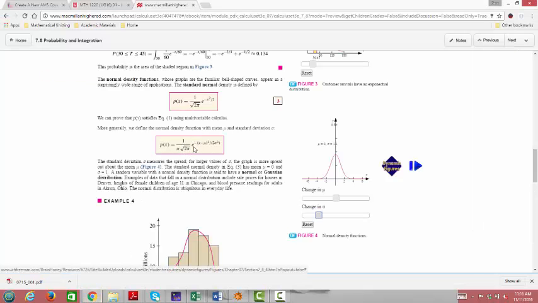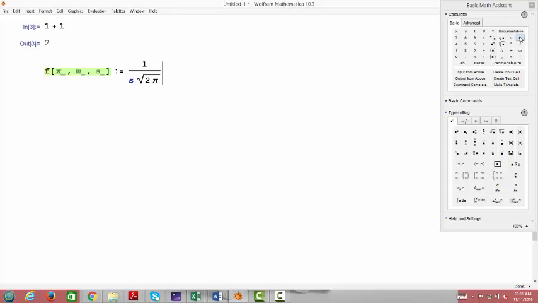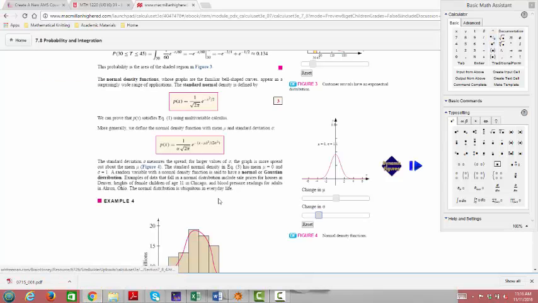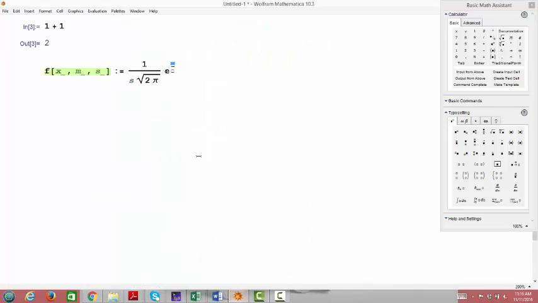Then I need to raise e to this fractional power. So let's do that next. Let's take e and raise it to a power, and that power is a fraction. The numerator is the quantity x minus mu squared, and then we put a negative sign in front of it.